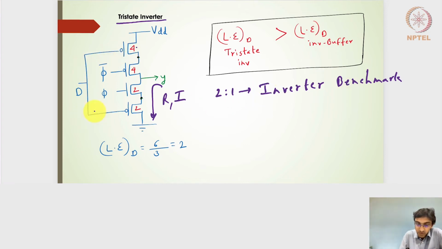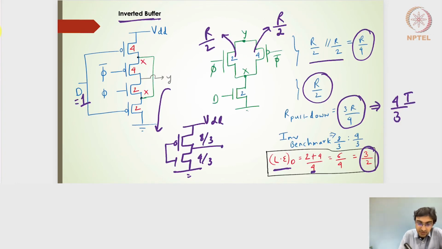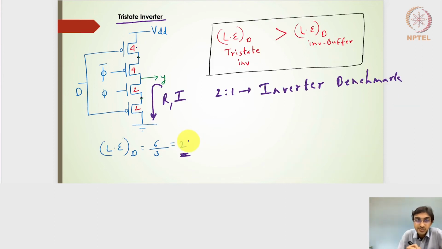The logical effort of the D input is 4 plus 2 divided by 3, which is 2. So the logical effort of the Tristate inverter is greater than that of the inverted buffer. Going to the previous slide, the inverted buffer gives me a logical effort of 1.5. Here, the logical effort is 2.